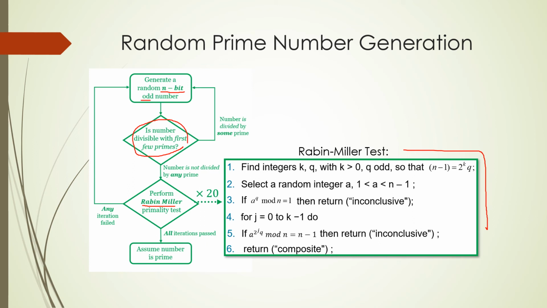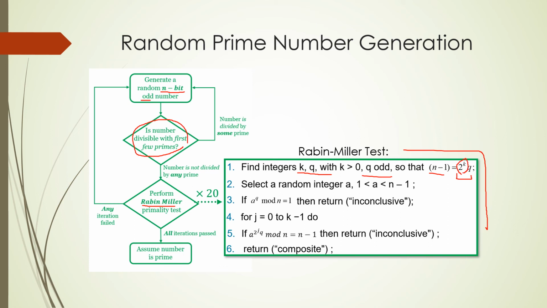You need to find some integers k and q such that q is odd and n minus 1 is equal to 2 to the power of k times q. What does that mean? That means because n was odd, n minus 1 is even. Now, factor out as many 2's as you can from it.